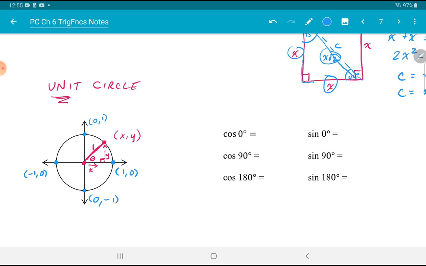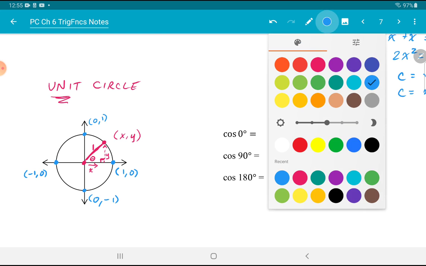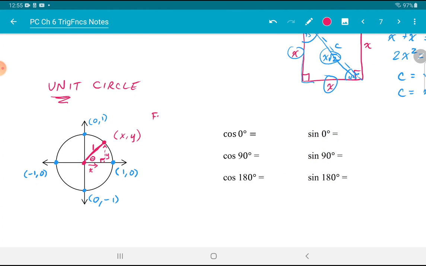Now, if I were to look at the actual trigonometric ratios given the angle measure, let's take a look back at our trig ratios. What I want to find are the trig ratios such as cosine of theta. Cosine of theta, if you recall from the previous video, represents the ratio of adjacent over hypotenuse.